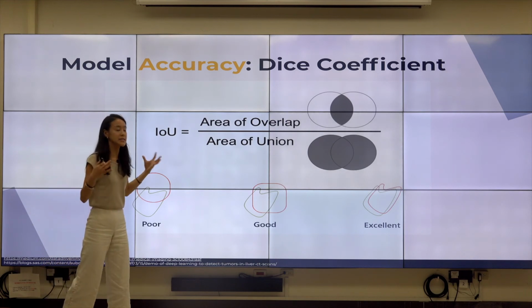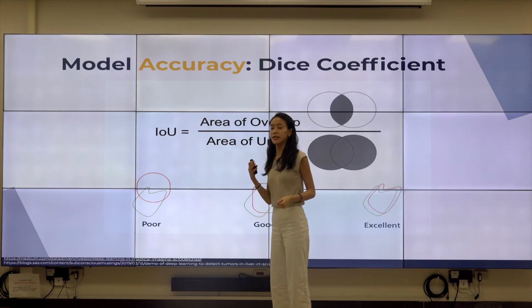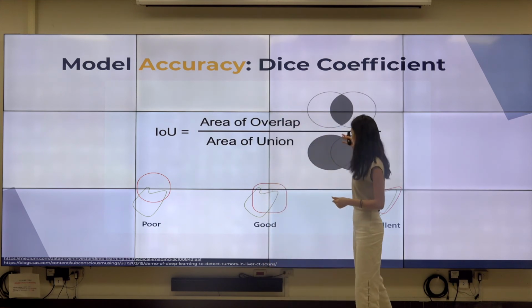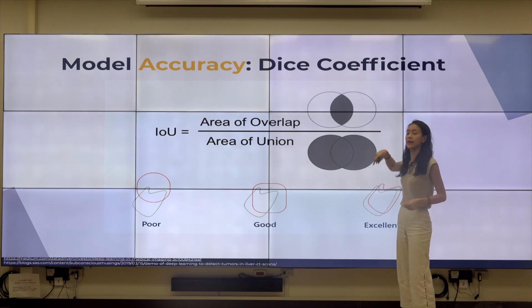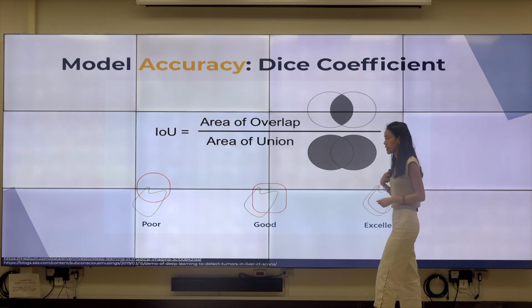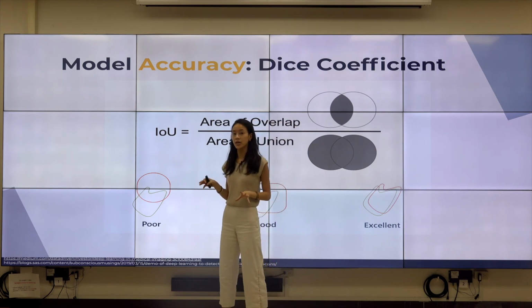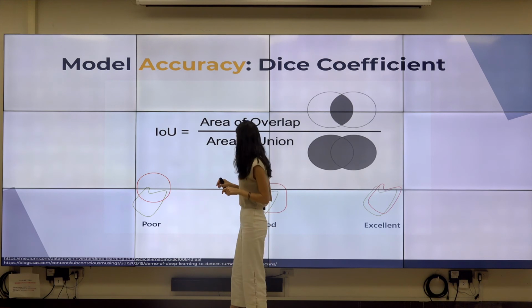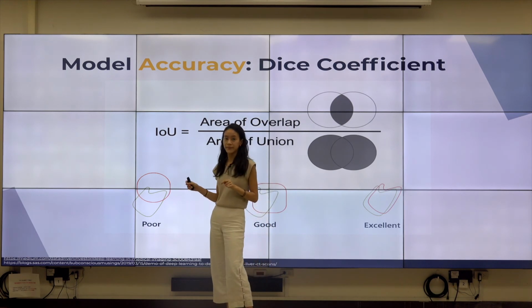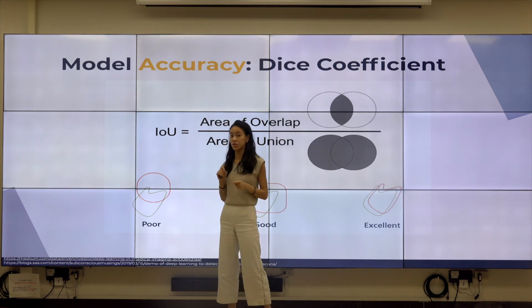Using the concept of IOU, we can actually explain dice score. As I explained before, it is the area of overlap divided by the area of union, right? Let's imagine that these two different colors, or these two different lines, are the predicted and the ground truths. Let's determine the red one as the ground truth and the green one as the predicted tumor.